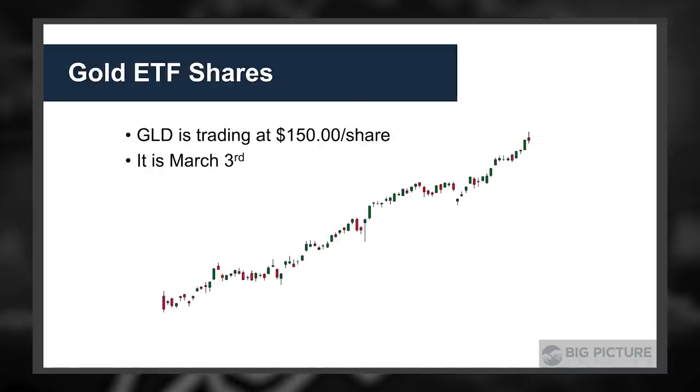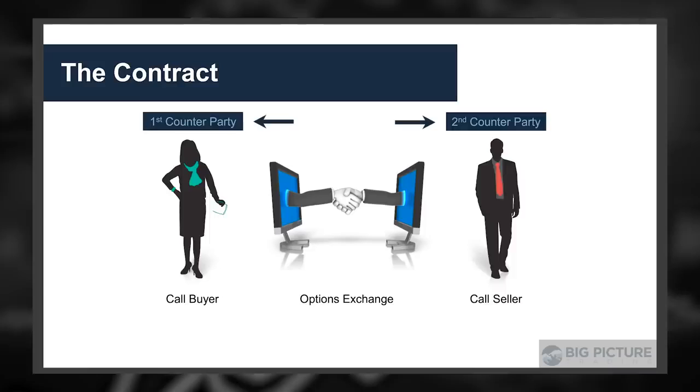At the time when we're doing this example, GLD was trading close to $150 a share on March 3rd, right? So that's today when we're recording, and it was trading close to 150 earlier, before the 50 basis point rate cut, but obviously popped a little bit since then. So we have two counterparties that meet through the options exchange and enter a contract, one being the buyer and one being the seller.